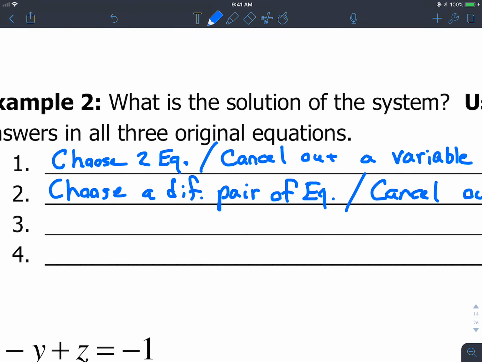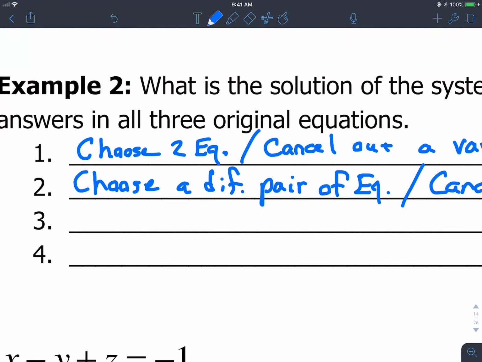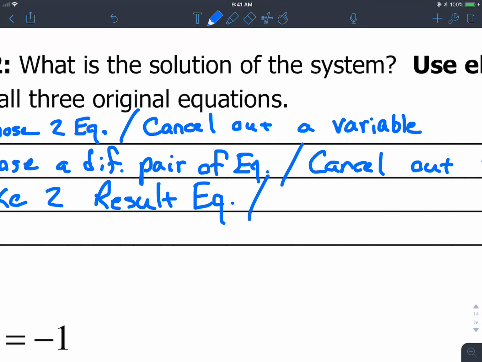Okay, so then you're going to have 2 result equations after that. So basically you're going to use elimination, and from the first 2 equations, you're going to come down to 1 equation. And then your different pair of equations, you're going to get that down to a different equation, and then you're going to take the 2 result equations and use substitution or elimination.